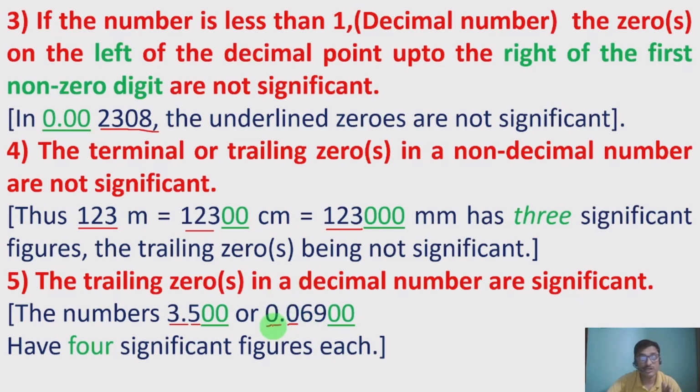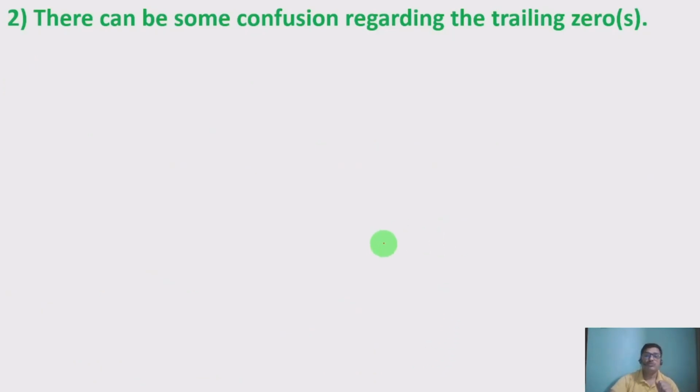According to that, these two are not significant, and the 6 and 9, being non-zero numbers, are significant. Trailing zeros in decimal numbers are significant, therefore these have four significant figures each. Then we'll move further to the second observations.